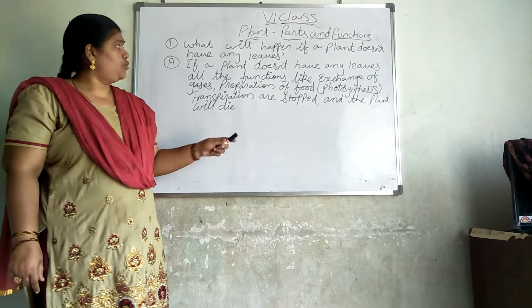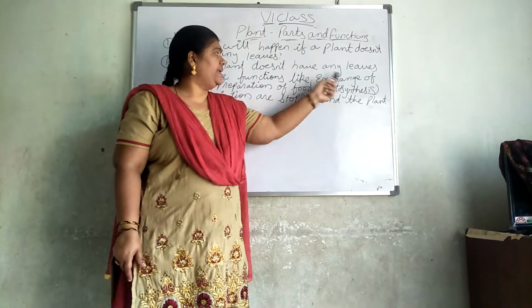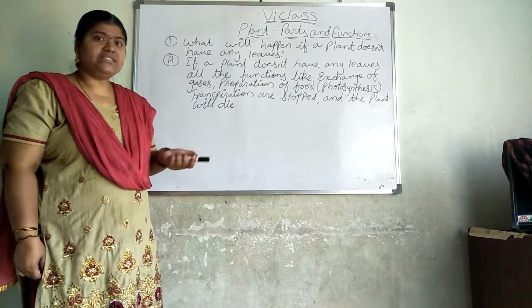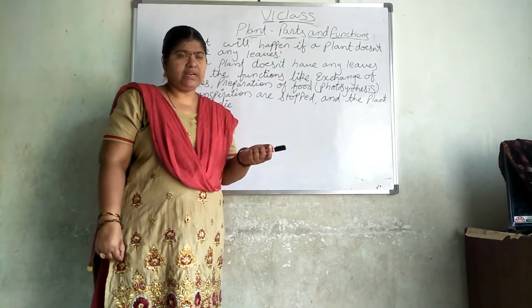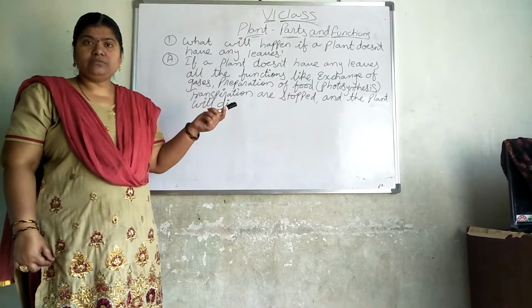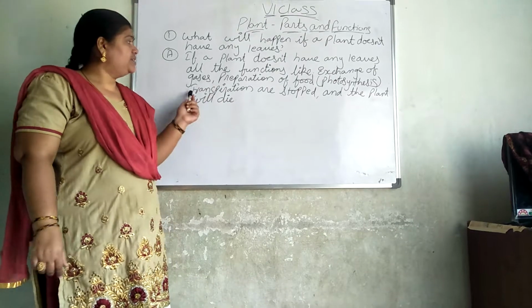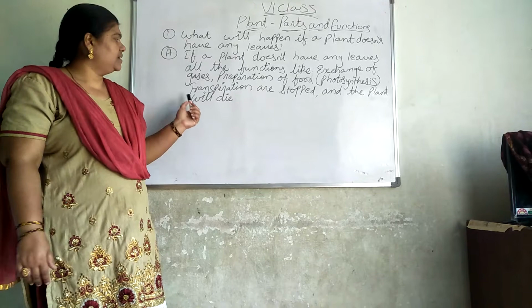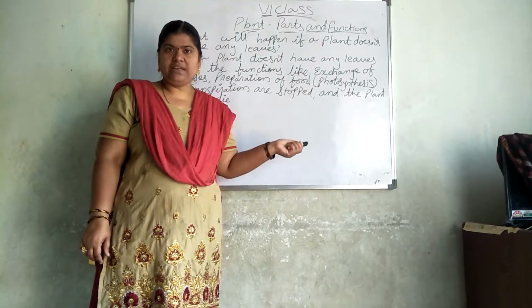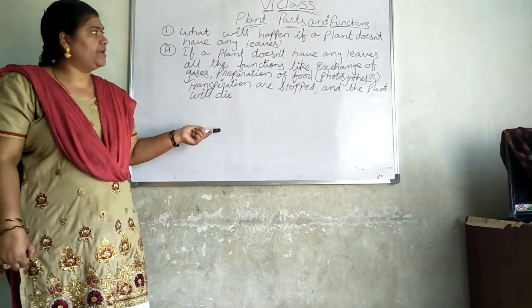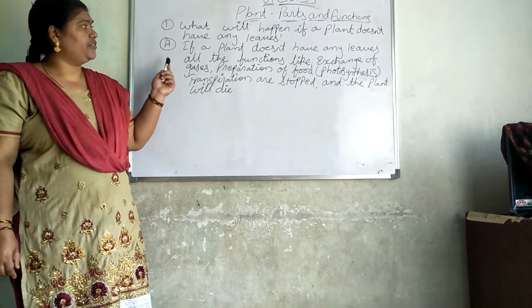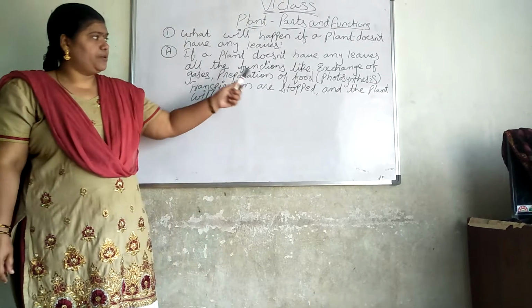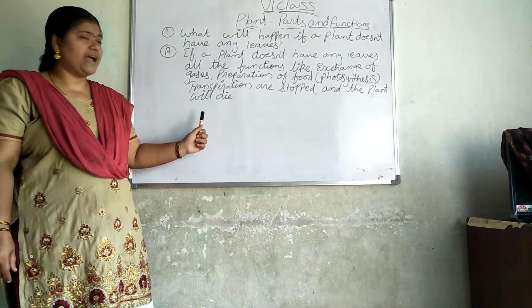So if a plant does not have any leaves, all the functions like exchange of gases through stomata, preparation of food, the process of photosynthesis, and transpiration are stopped, means excess water present in the plant cannot go out, and the plant will die. Did you understand?